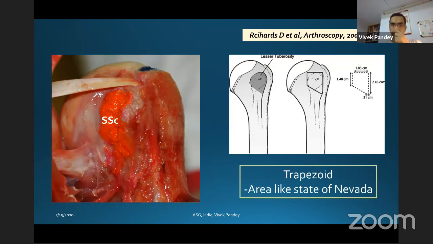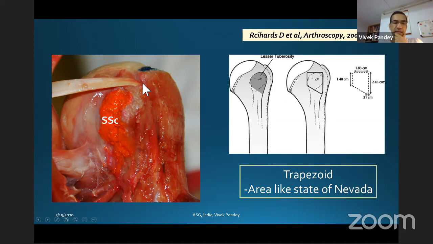The attachment is like, as Americans say, the area of Nevada: from top to bottom it is almost 2.5 centimeters, and in some cases it can stretch up to 3.5 to 4 centimeters. It's a trapezoid attachment onto the lesser tuberosity of the shoulder, just medial to the biceps groove.